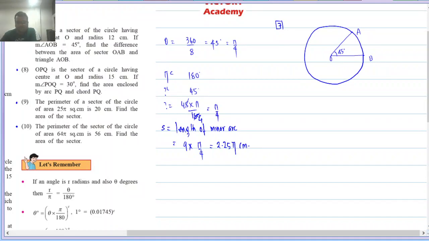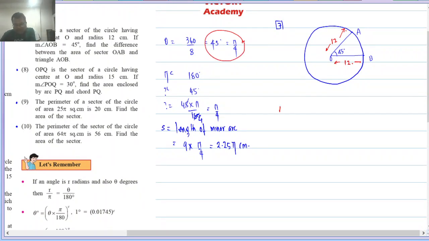Now, radius is 12, this is 12, this is 12. Find the difference between the area of sector OAB and triangle OAB. We have just seen that 45 degrees is pi by 4.